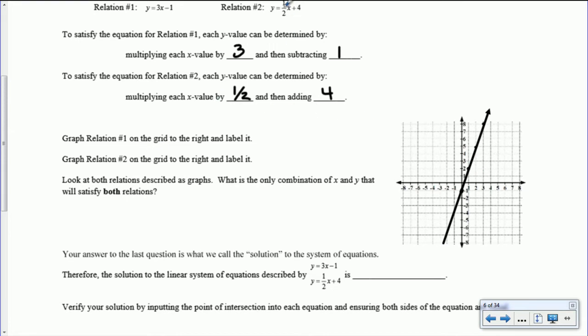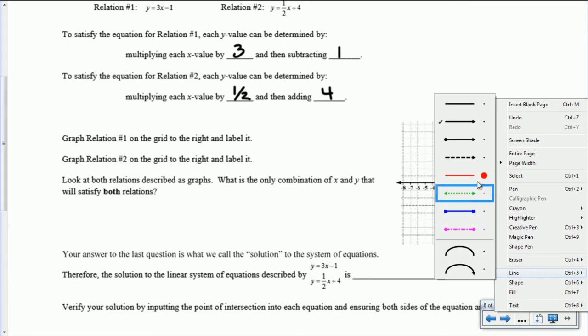And relation number 2, 1/2 x plus 4. So the y-intercept is here. And the slope is 1/2, so we go up 1/2, up 1/2, up 1/2. So let's go ahead and draw that line.